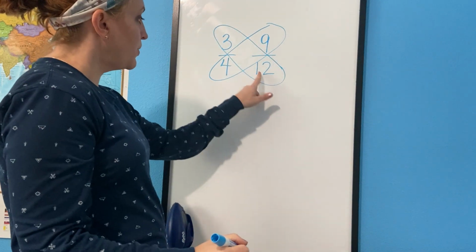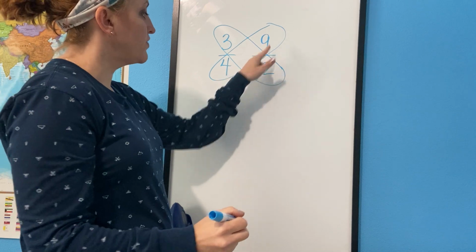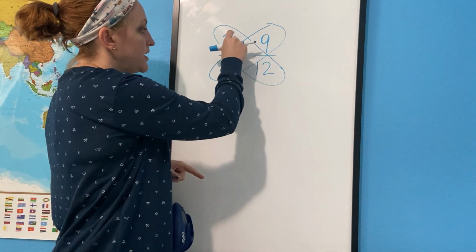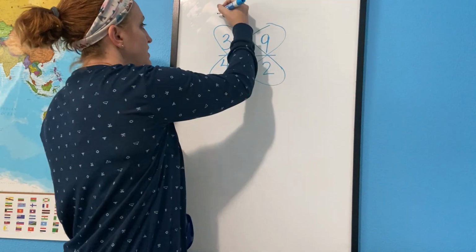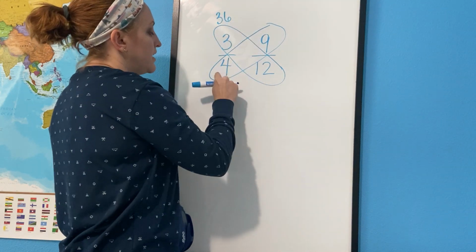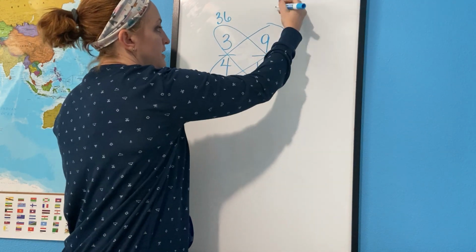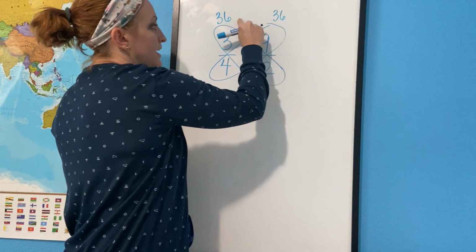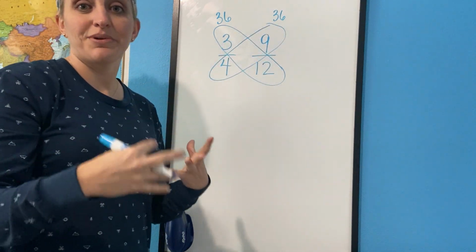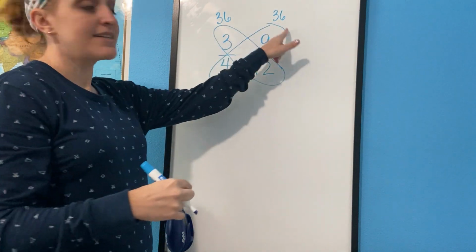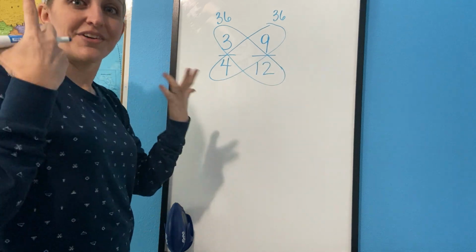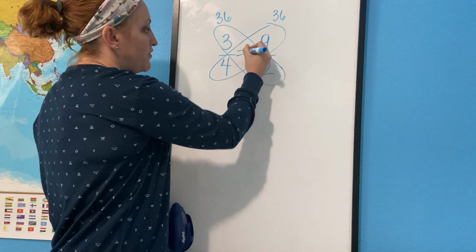And then I'm going to multiply each wing of the butterfly. So 12 times 3, 12, 24, 36. And 4 times 9 is 36. Now I have 2 numbers that are super easy to compare. 36 and 36 are the same, so 3/4 is equivalent to 9/12.